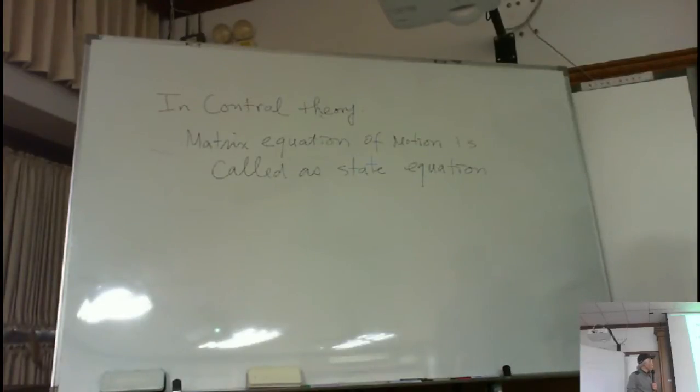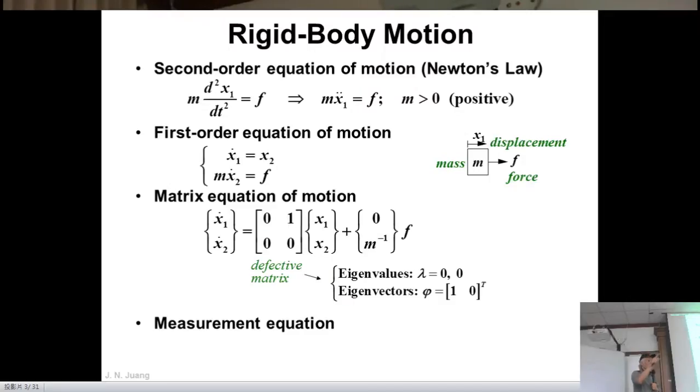What does x1 mean? x1 gives you displacement. x2 gives you velocities. Yes. So for any single degree of freedom, you have two states. One gives you displacement. One gives you velocities.